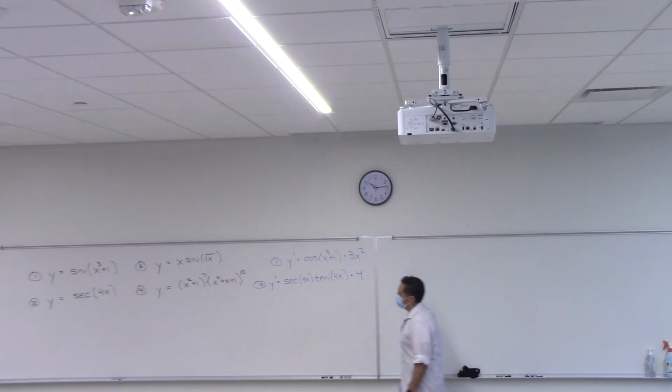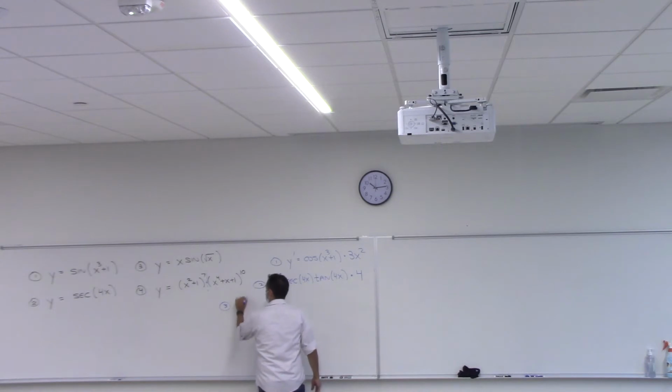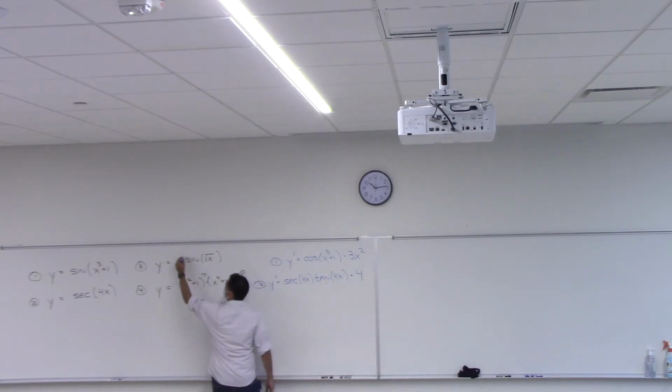All right, third one. I know some people are still working on it. Is there a question? No? Okay. Third one was a product rule. Here's your product right there.